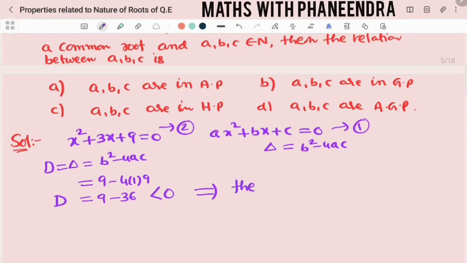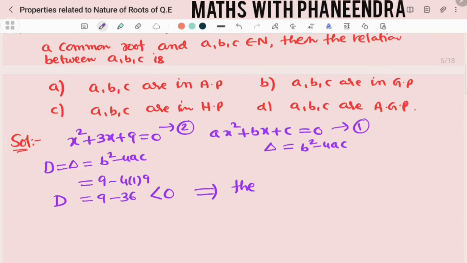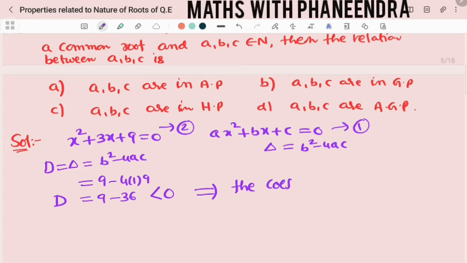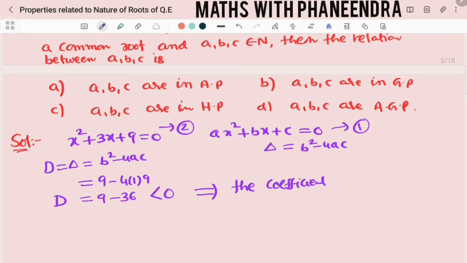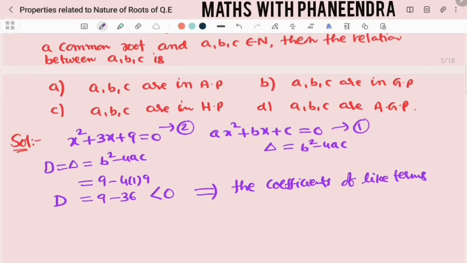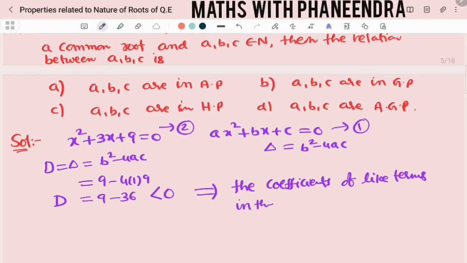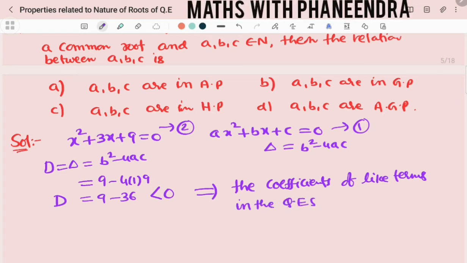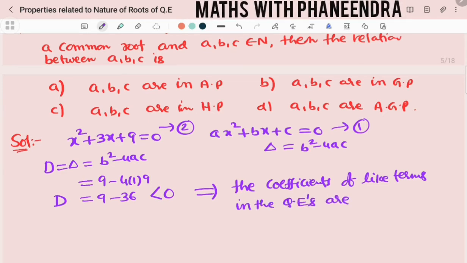This is an important property, dear students, you remember that the coefficients of like terms in the quadratic equations are proportional.